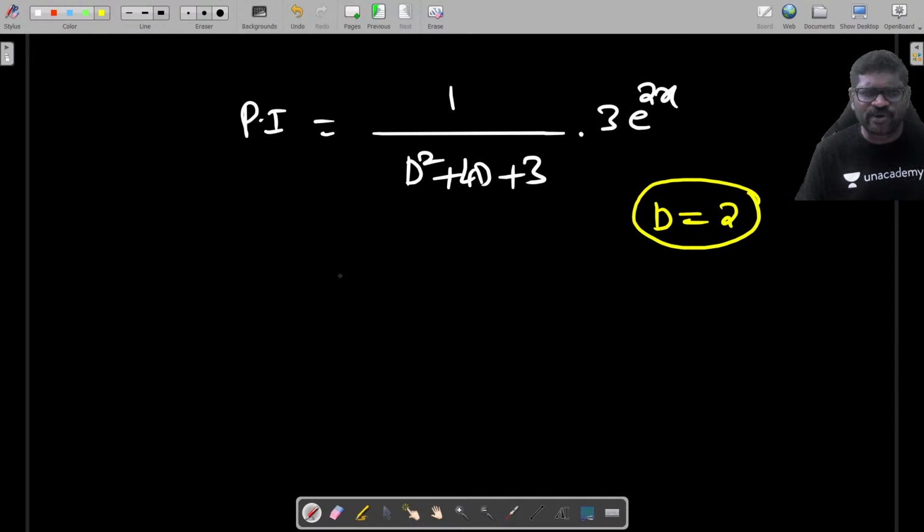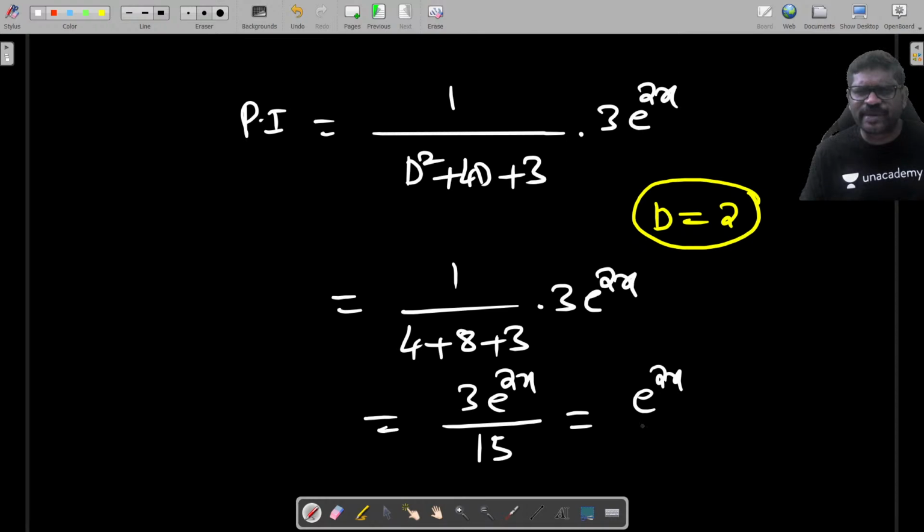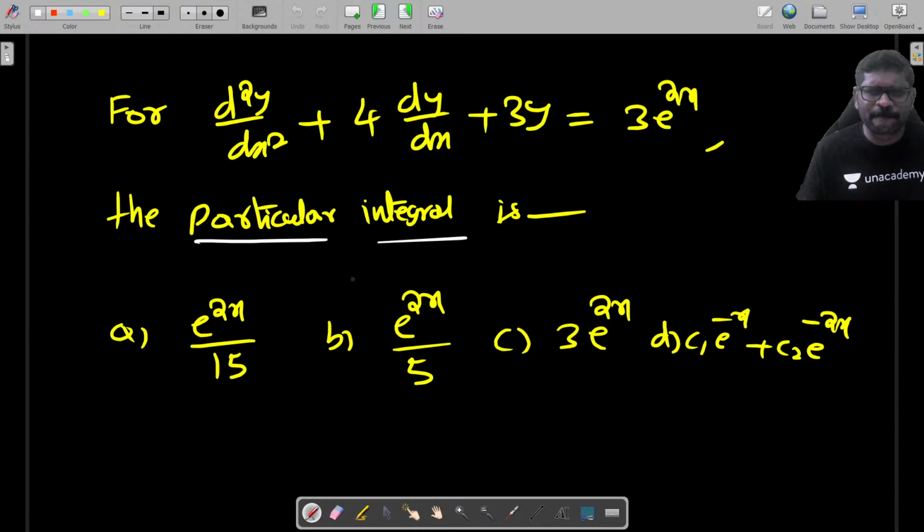By replacing d by 2, we get 1 by 2 square plus 4 into 2 plus 3, into 3 into e power 2x, that is nothing but 3 into e power 2x by 15. So the particular integral is e power 2x by 5. Correct answer is e power 2x by 5.